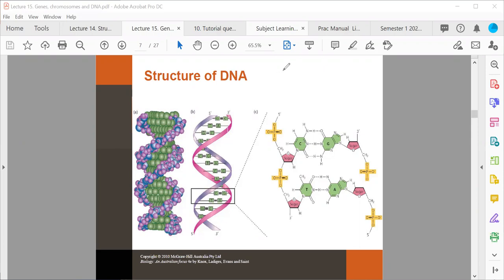But what if we were looking at a strand of DNA and we had a cytosine and we had a thymine, and here we've got an adenine and a guanine. All right, so this is one strand of DNA. And let's say we had here a strand of RNA.